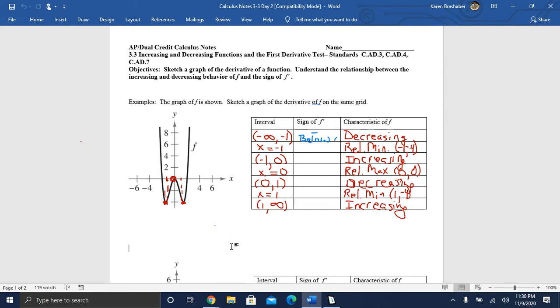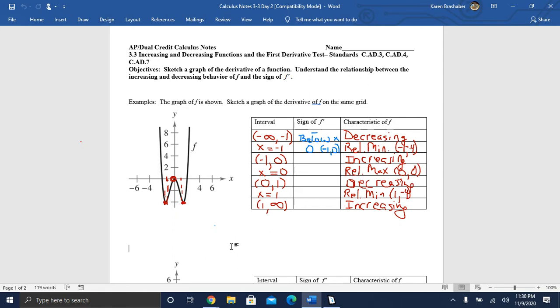This is below the x. And then at x equals -1, since we had a relative min, we know that we have a critical number. And so we'll have 0. And that means that on our derivative, we actually have an x and a y value of -1, 0 that we'll be able to graph.